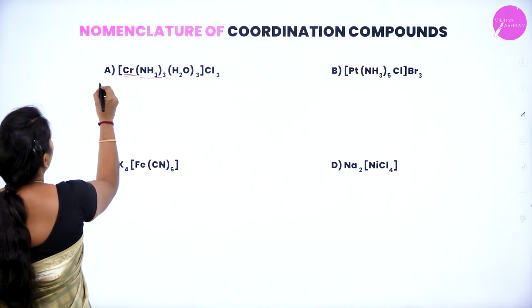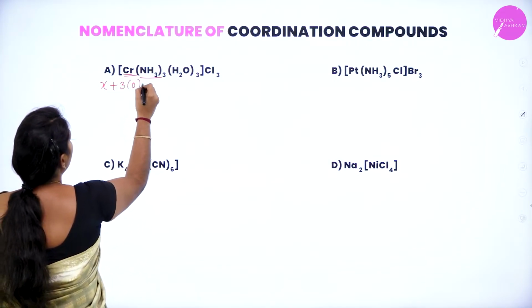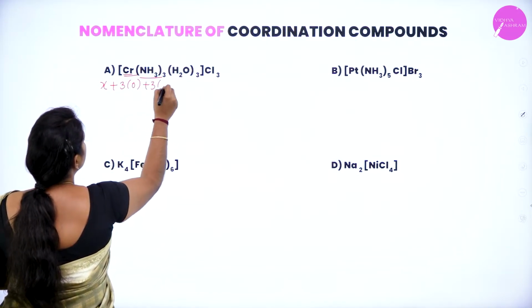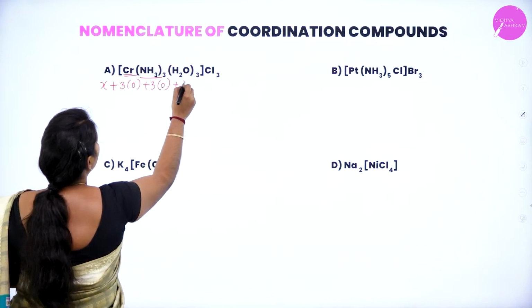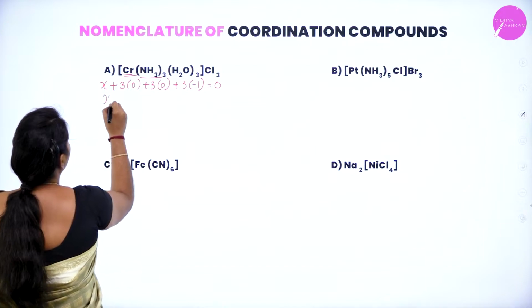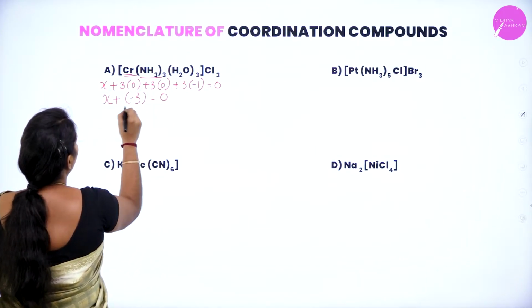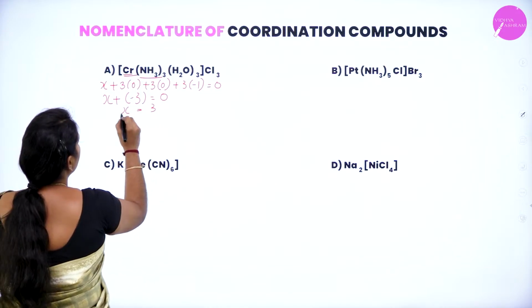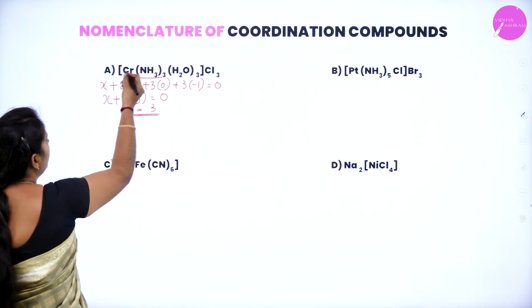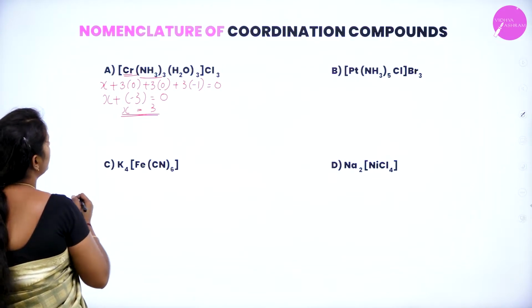I'll consider X plus 3 into 0 plus 3 into 0 plus 3 into minus 1, which is equal to 0. Then X minus 3 is equal to 0, so it carries a plus 3 charge. Chromium has a plus 3 oxidation state, and the name goes like this.